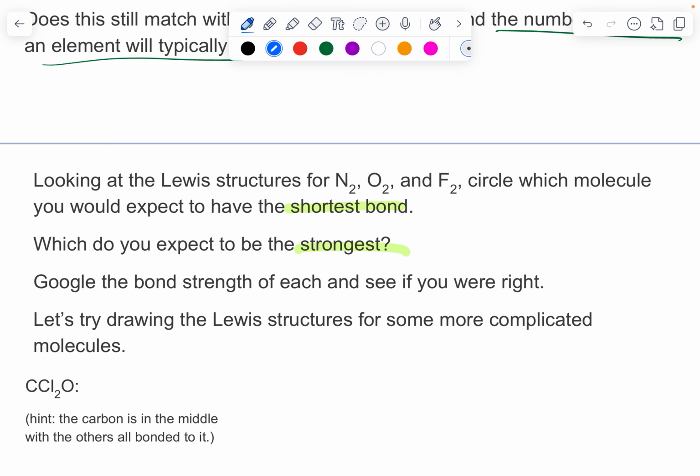But the thing that we want to connect here is that the more bonds there are, so like a triple bond versus a double bond versus a single bond, the shorter the bond is going to get and the stronger the bond is going to get.